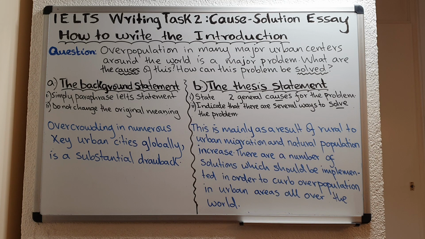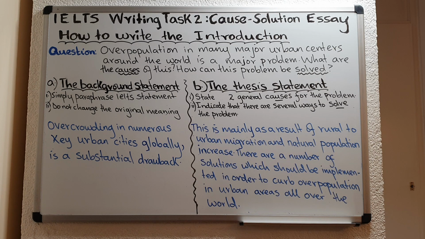That you would need to underline. And then the next word that you need to underline is urban centers. And then we have all over the world. And then we have a major problem. After that, we have two questions. What are the causes? Underline causes. And how can this problem be solved? Underline solved. Once you have understood the question, then you move on to write the introduction.